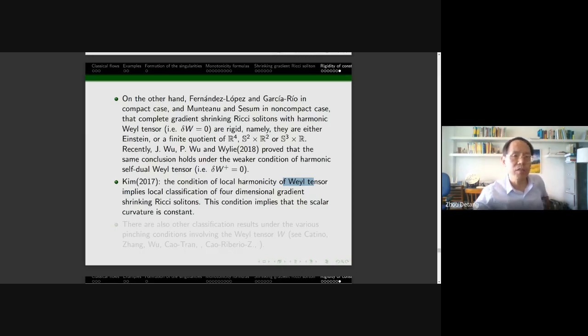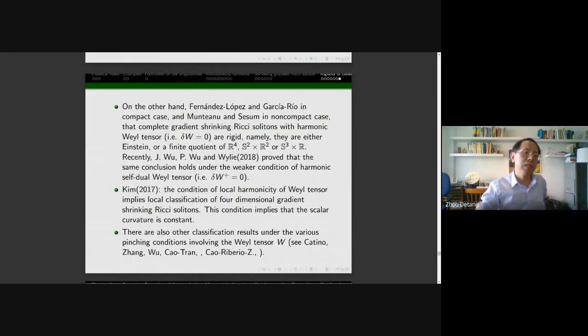So if you can classify all the constant scalar curvature ones, it would change the way we classify four-dimensional Ricci solitons. Of course, there are some global results I just mention here. In one word, the four-dimensional case is a quite attractive dimension.